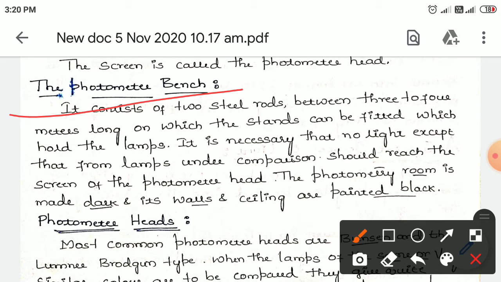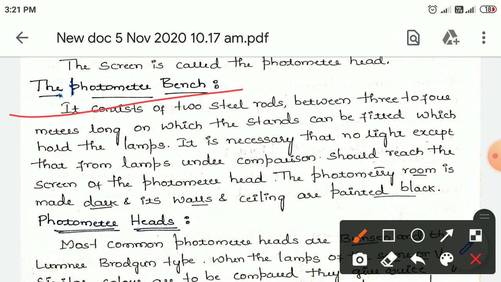The photometer bench consists of two steel rods, between 3 to 4 meters long, on which the standard lamp and the test lamps can be fitted, with holders that hold the lamps.